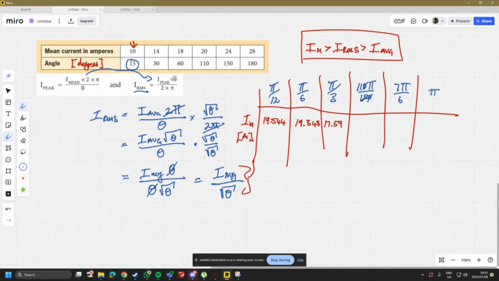Then we have 20 divided by the square root of 11 times pi divided by 18, that whole thing under the square root. And that's going to give us 14.434.